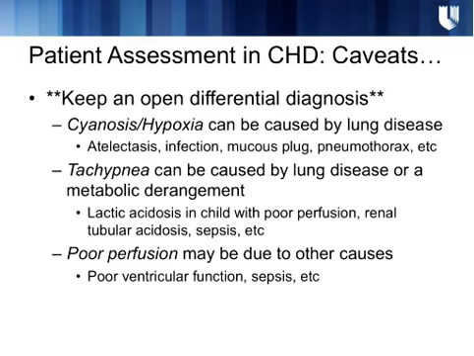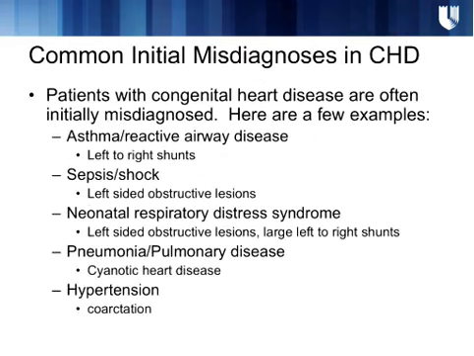Tachypnea, which is a symptom of excessive pulmonary blood flow, can be caused by lung disease as well, or metabolic derangements. Examples of this are lactic acidosis in a child with poor perfusion, renal tubular acidosis, sepsis, etc. And also poor perfusion may be due to other causes as well, such as poor ventricular function and sepsis.